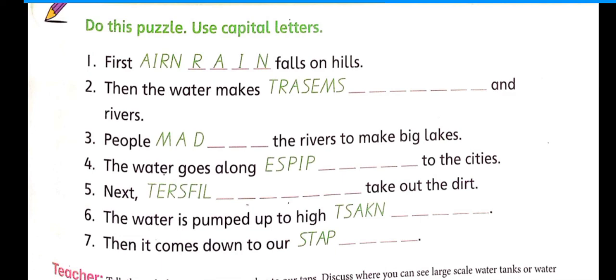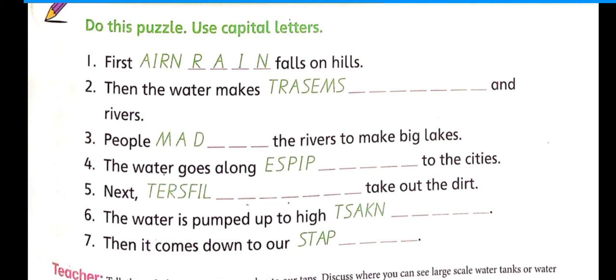The next one is the fifth one. Dash take out the dirt. I have asked you again and again, this is a very important point. Which thing takes out the dirt from the water? Those are filters. Exactly. So write down the spelling of filters.